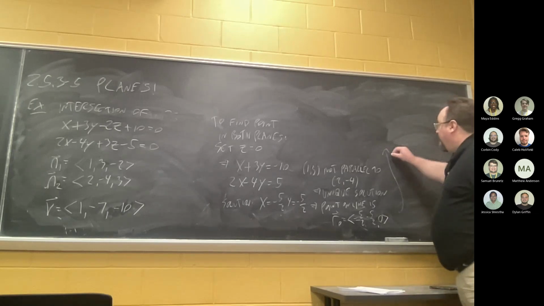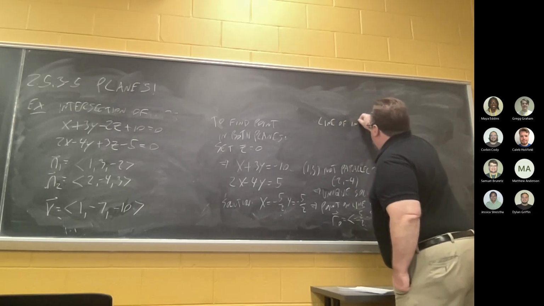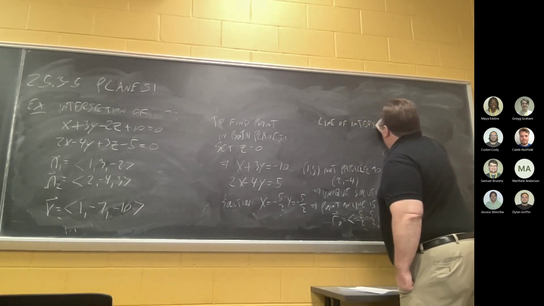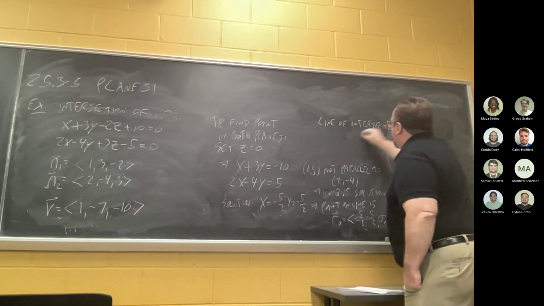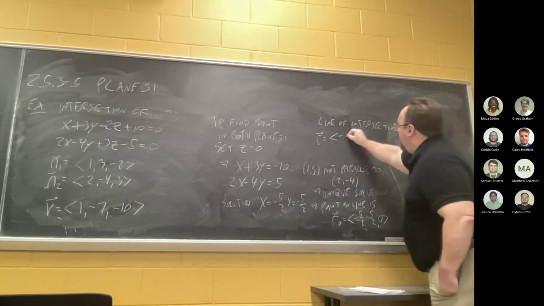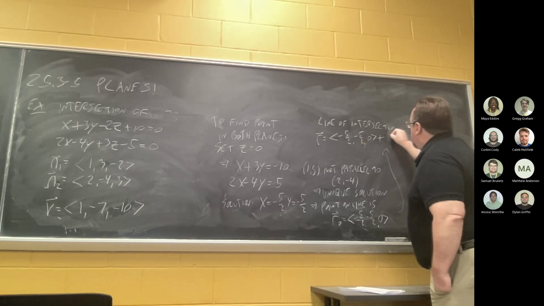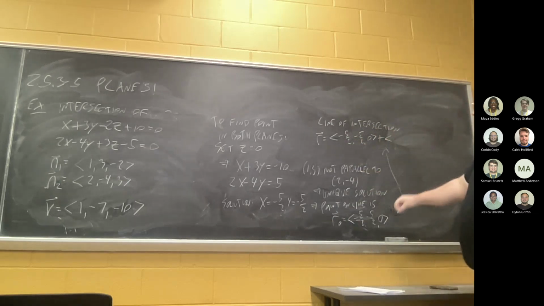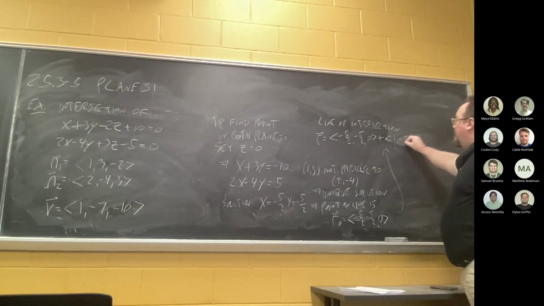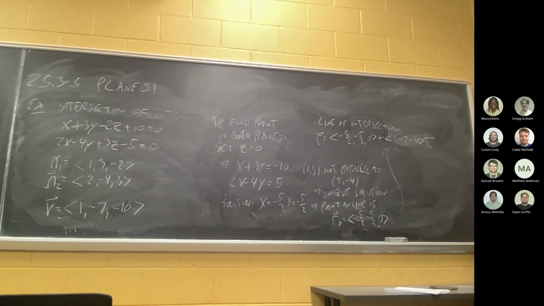Now I can describe fully the line of intersection. R is equal to this vector, -5/2, -5/2, 0, plus the vector v obtained earlier, 1, -7, -10, times t. And we're done.